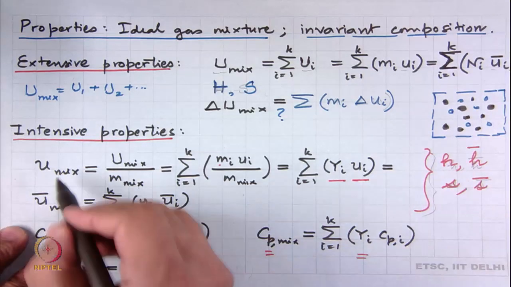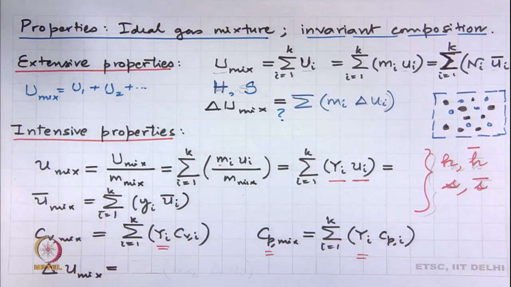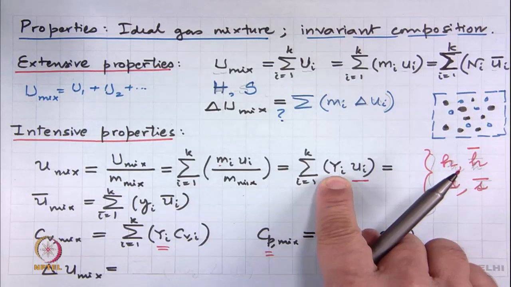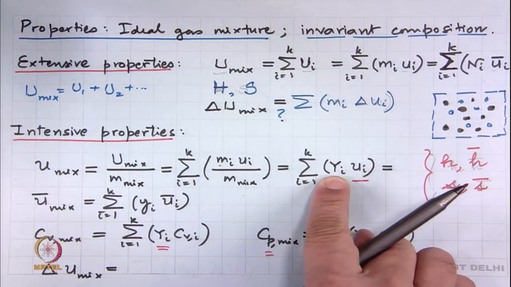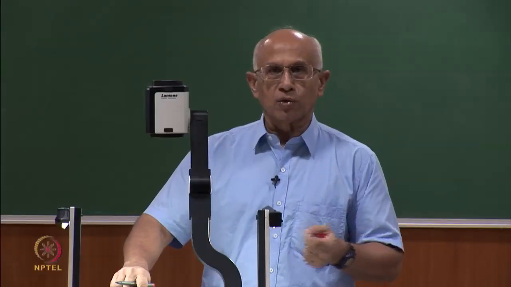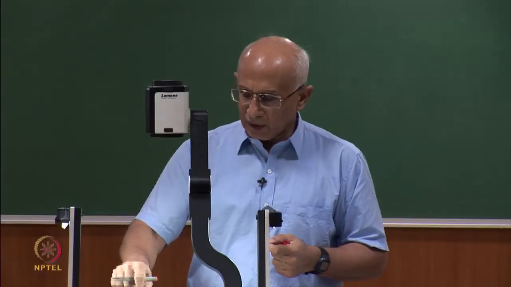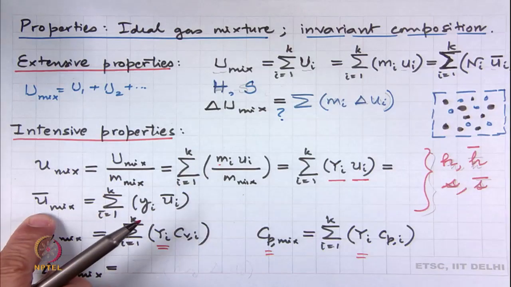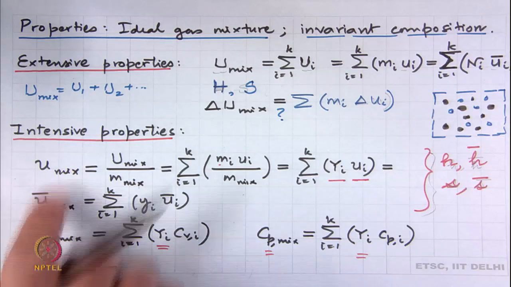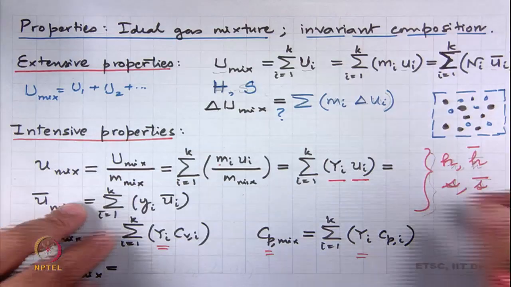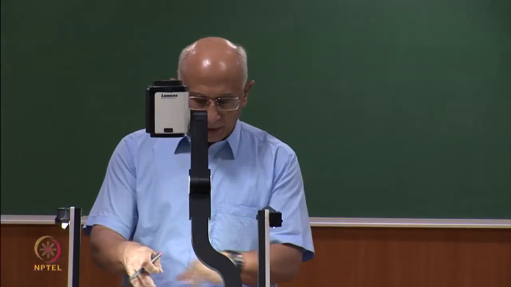So in this sense, we got all the properties that we have been looking for, and what it is telling us is that if we know the mass fraction or the molar fraction of the component and the specific property of the individual components, then using these relations we can compute the specific internal energy of the mixture. So this is what we have accomplished now.